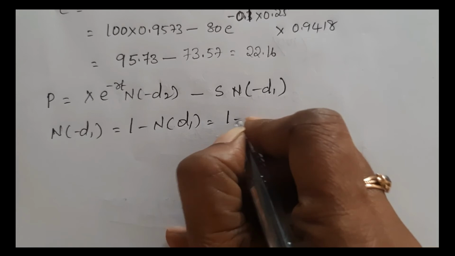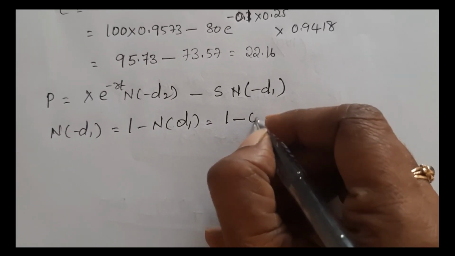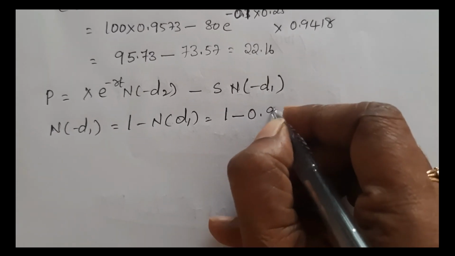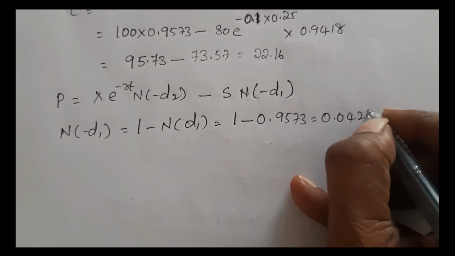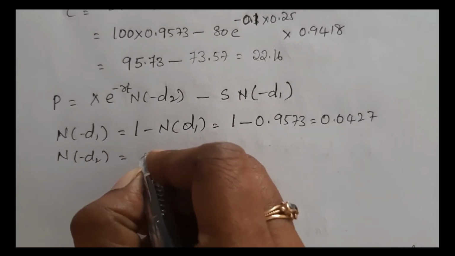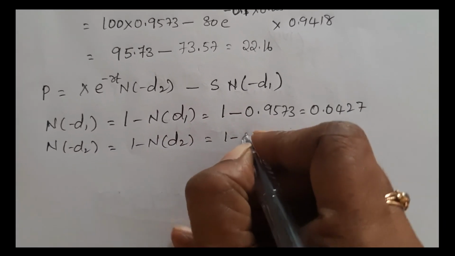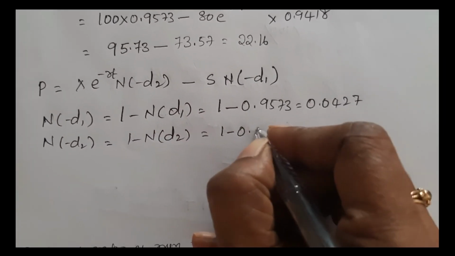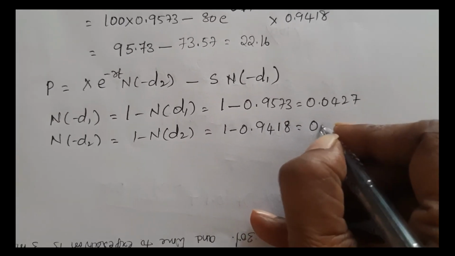So which is going to be 1 minus N(d1) we have already calculated, that is 0.9573, and we'll get 0.0427. Then N(minus d2) is going to be 1 minus N(d2), which is 1 minus 0.9418.